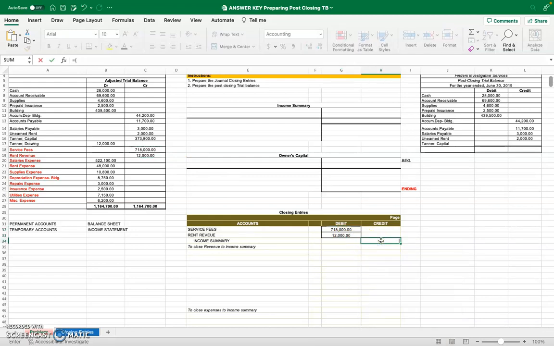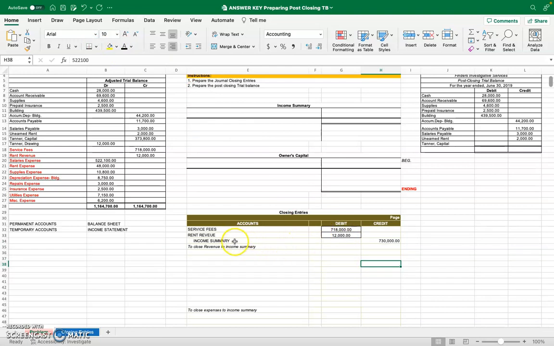We will just simply sum it up. The income summary amount will be the addition of service fees and rent revenue. And there you go, 730,000 pesos.